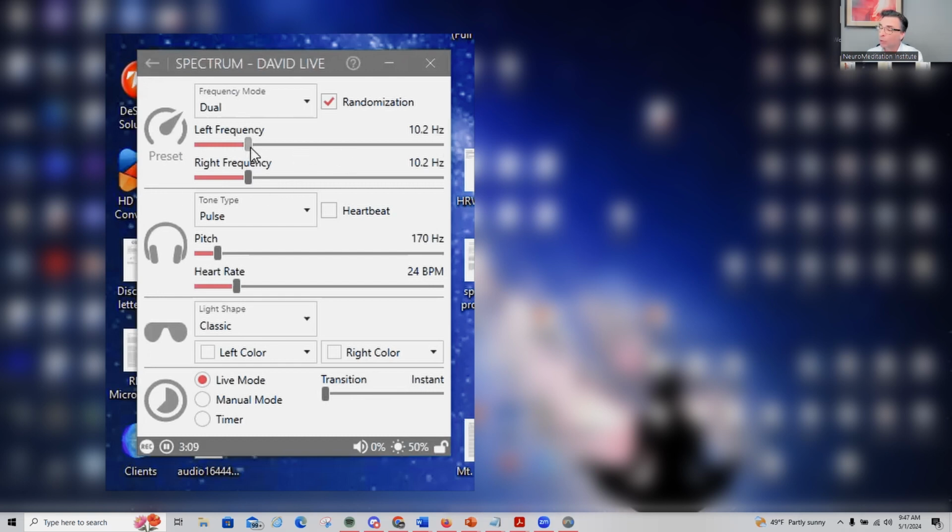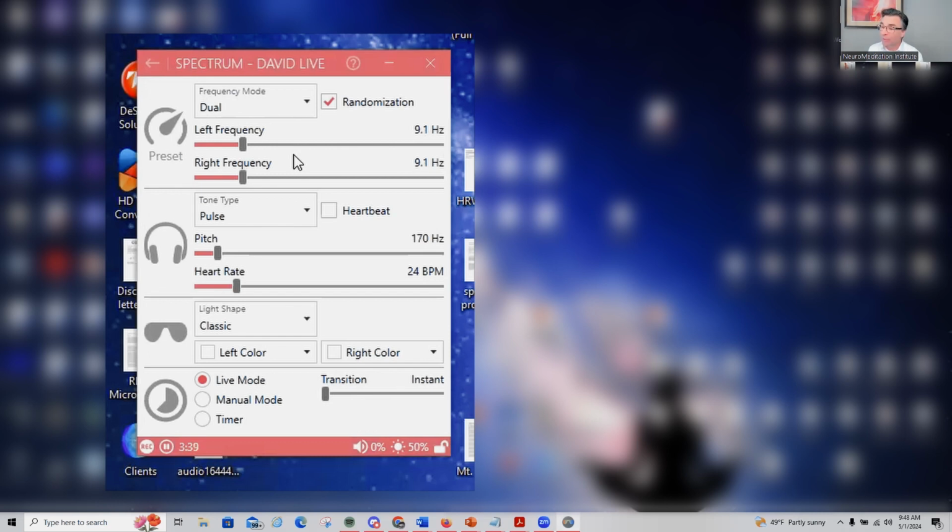Well, you could open this program and grab these little sliders and move them until you're down to 9 cycles per second. I'm having a hard time landing right on it, so we'll just leave it at 9.1. So now I put both sides at 9.1. I just slowed it down a little bit. Or you could speed it up, right? So you can manually adjust these to make it whatever you want.